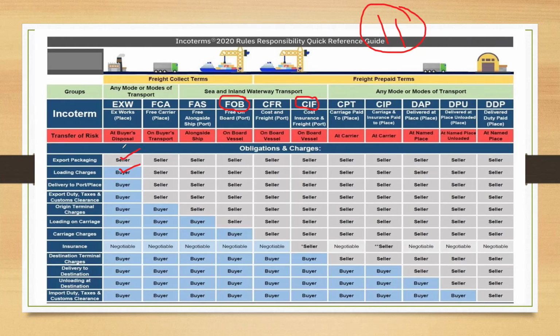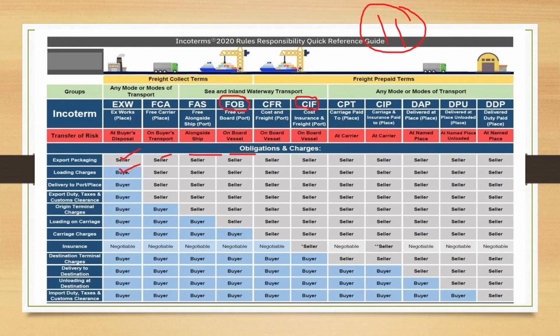EXW means ex works: the seller will give the material from here, at the buyer's disposal. Up to which point the risk is transferring, that is mentioned here. Transport, alongside ship, on board, all these places, the obligation will belong to the seller. So this is the seller's obligation.